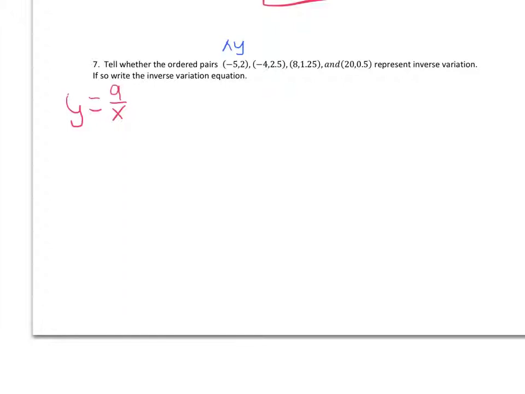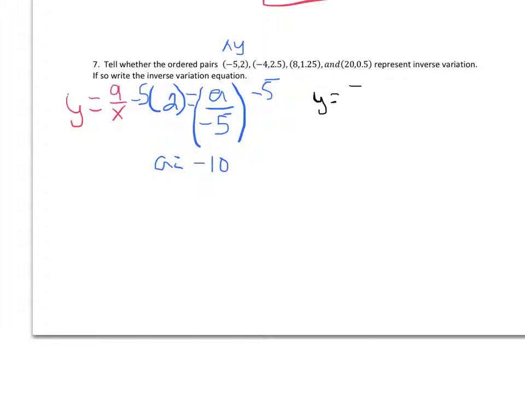Okay, so watch. 2 equals A divided by -5. Multiply by -5. You get A equals -10. So I now have this equation. Y equals -10 divided by X.